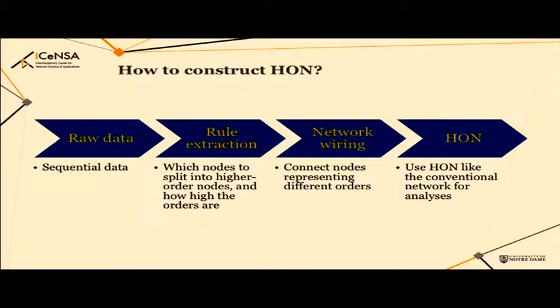Can we create a representation that is agnostic to the ultimate analysis that anyone wants to do? Can we build a network that, to the community detection algorithm, to the PageRank algorithm, to the link prediction algorithm, doesn't look any different than a regular network?